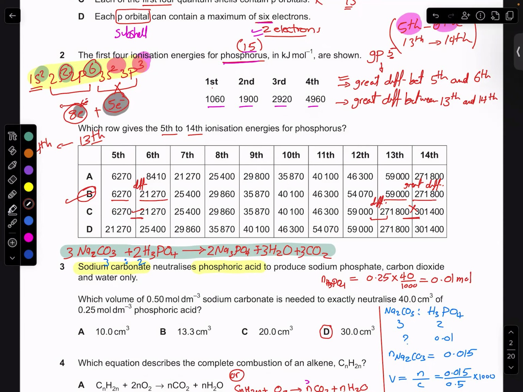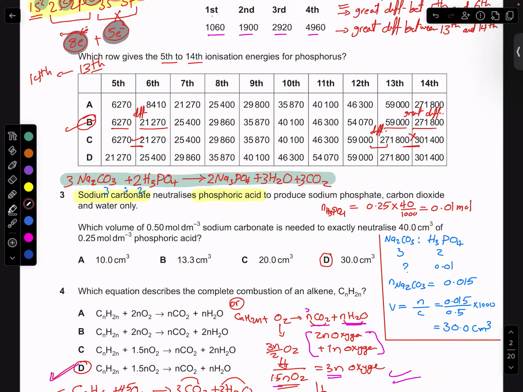At the same time, when you remove all of these 8 electrons, there will be a great difference between the 13th and 14th ionization energy, because when you remove these 5 electrons and these 8 electrons, you remove 13 electrons. So when you move to an inner shell, which is the first shell, the 14th electron will have a very high ionization energy.